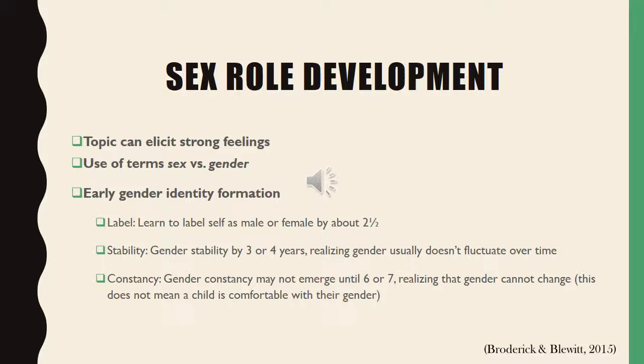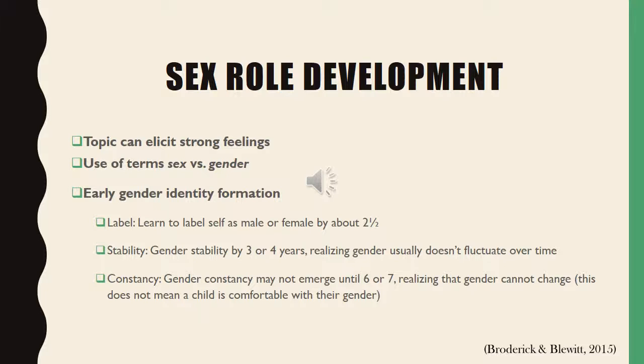We begin to understand stability in gender by around 3 to 4 years old, realizing gender usually doesn't fluctuate over time. So a recognition in self at 3 or 4 years old that if I'm identifying as a girl, it's likely I'm going to keep identifying as a girl day after day after day.